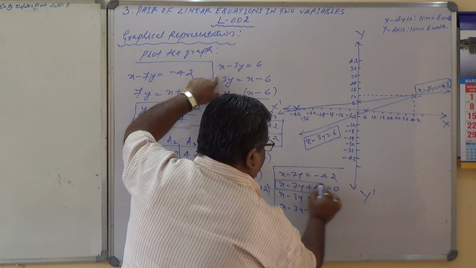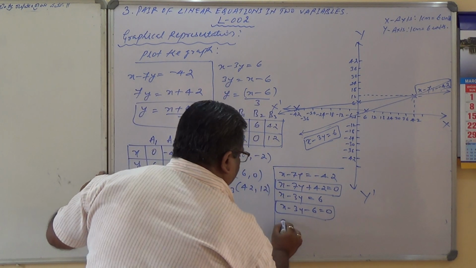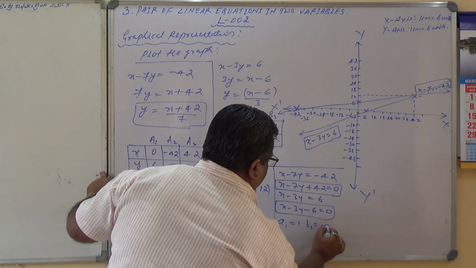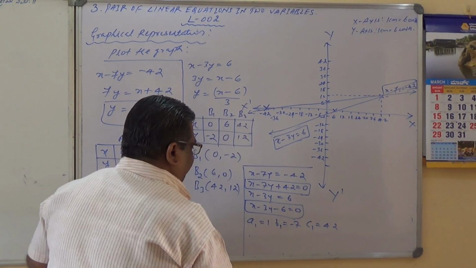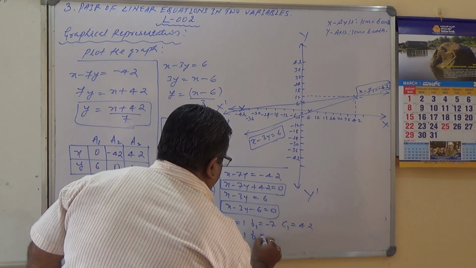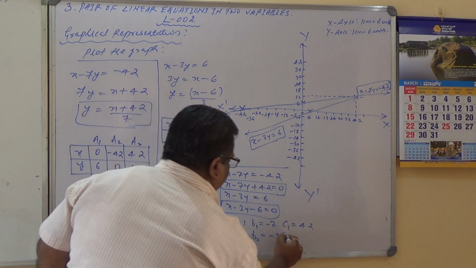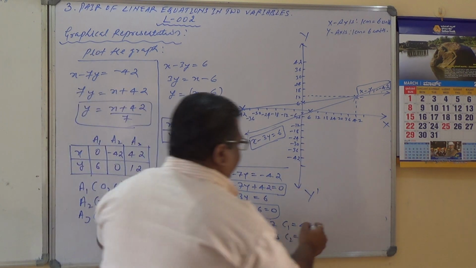So these two are in standard form. A1 equals 1, B1 equals minus 7, C1 equals 42, A2 is 1, B2 is minus 3, C2 is minus 6.